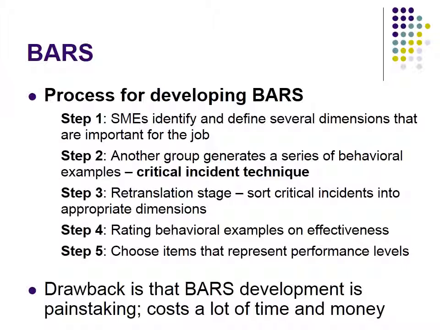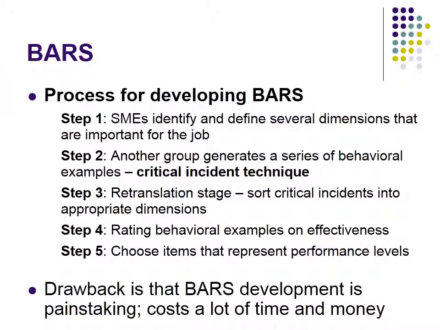Once that group generates all of these items, and they'll generate these items for every single dimension, you then take all of the items without those dimensional labels on them, and you'll retranslate them. You'll have another group of experts, possibly SMEs. A lot of times this is where IO psychologists will come back in, and they'll sort those critical incidents into the appropriate dimensions. The idea here is that if the critical incidents really represent what they're supposed to, a naive rater, a rater that wasn't involved in step 1 and step 2, should identify what dimension that critical incident belongs in.